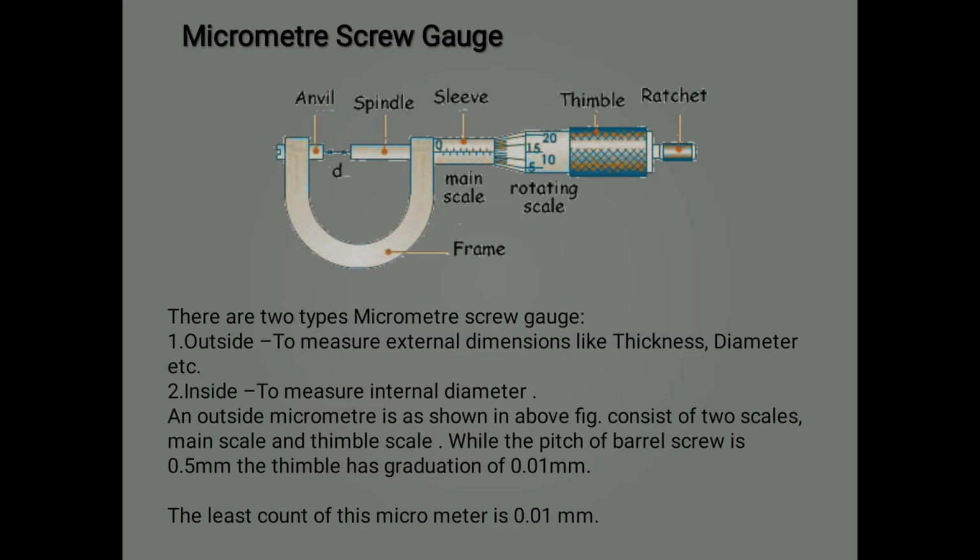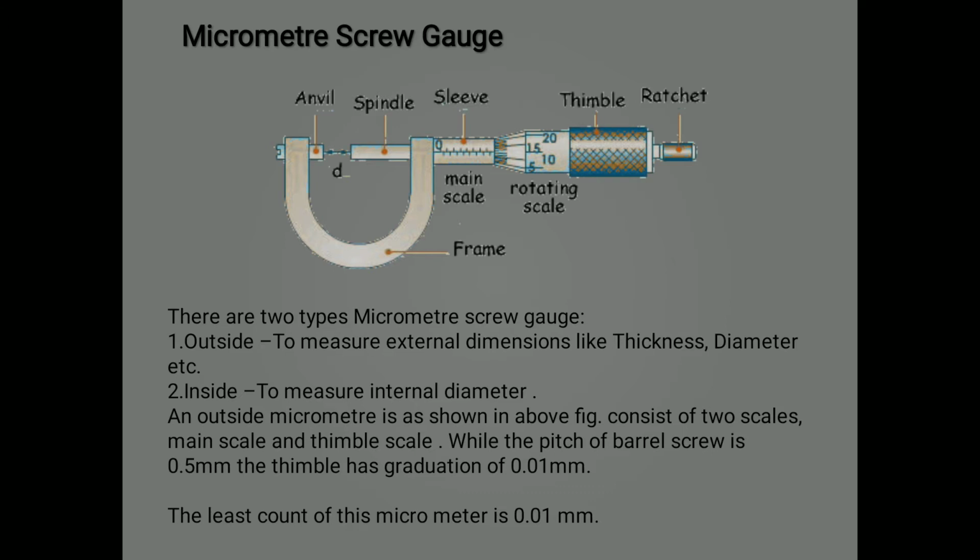This is the micrometer screw gauge, which is generally used for measurement of outside diameter, as well as inside or internal diameter measurement. There are two types of micrometer screw gauge you can see over here.